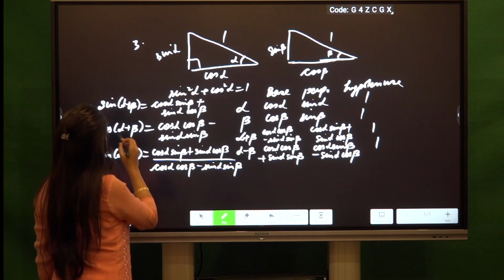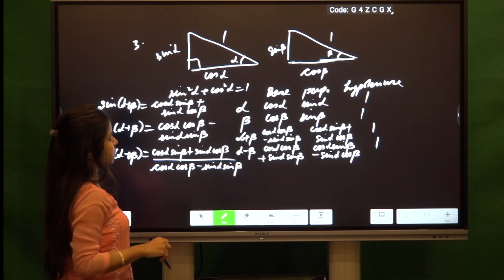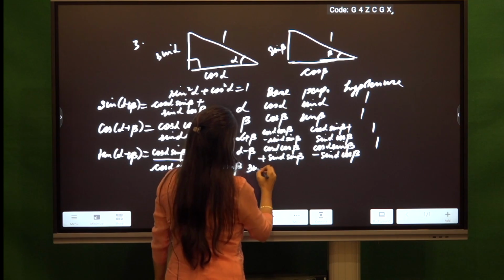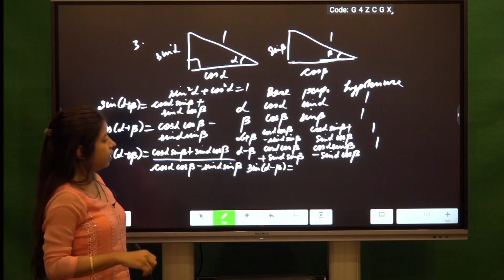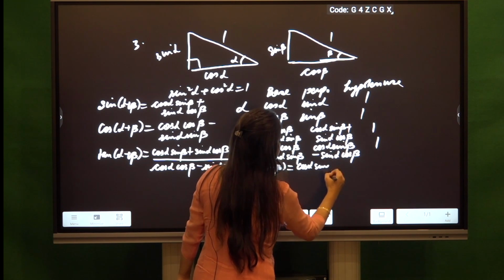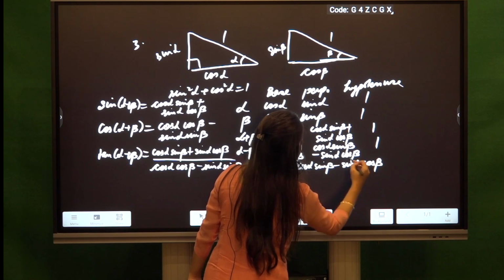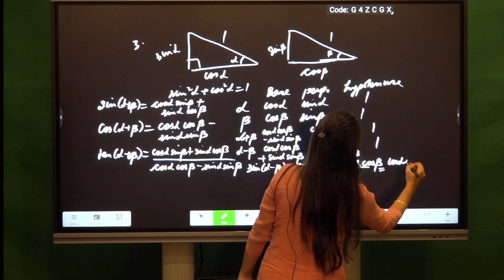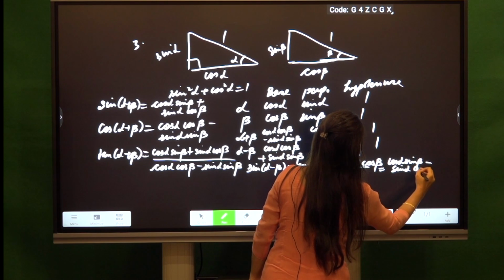Let us see for sin alpha minus beta, cos alpha minus beta, and tan alpha minus beta. Okay. Let me write here only. So, sin alpha minus beta is, look at the second one. So, this is perpendicular, cos alpha sin beta minus sin alpha cos beta upon 1. So, this is cos alpha sin beta minus sin alpha cos beta.